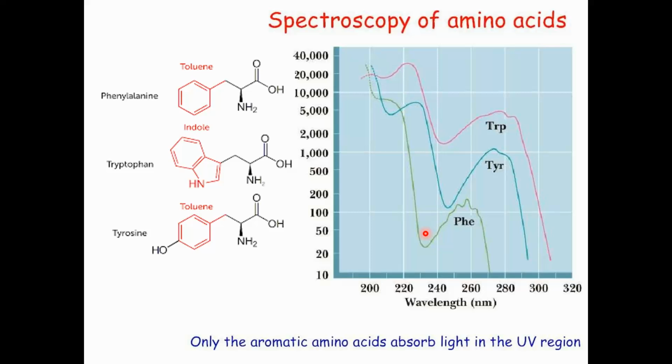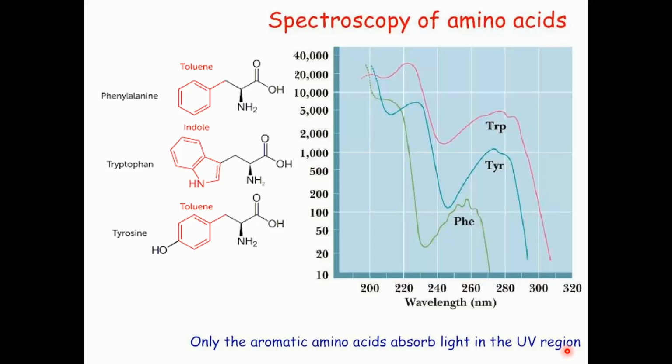If the proteins absorb a lot of light in the UV region, we can say this protein has a lot of aromatic amino acids. Different proteins have different amino acids in them, so this property enables us to detect and identify a protein in a group of unknown proteins, or to classify the protein.